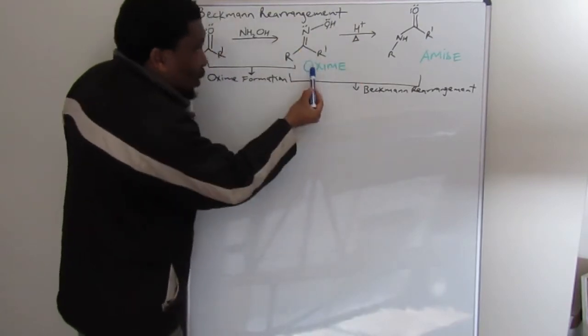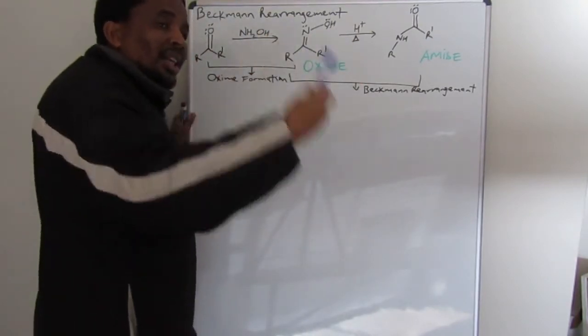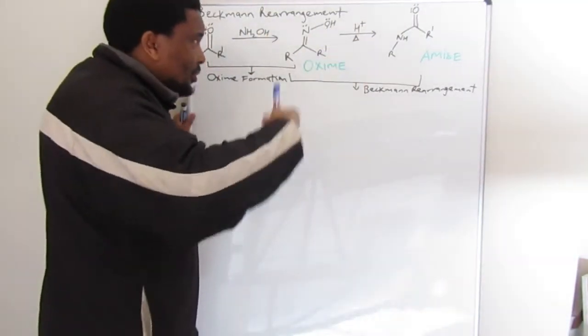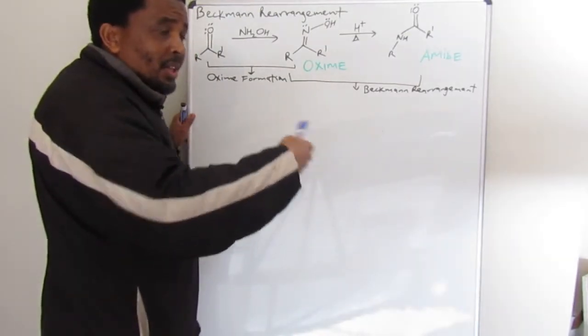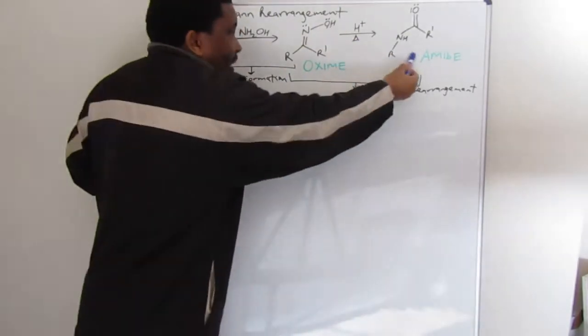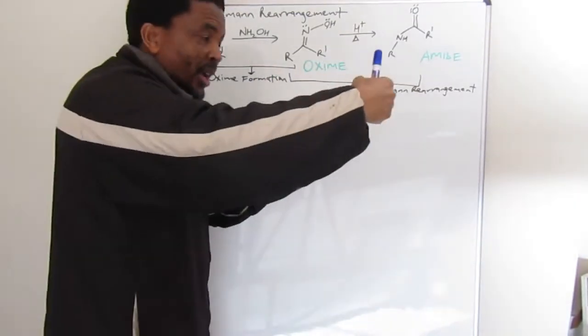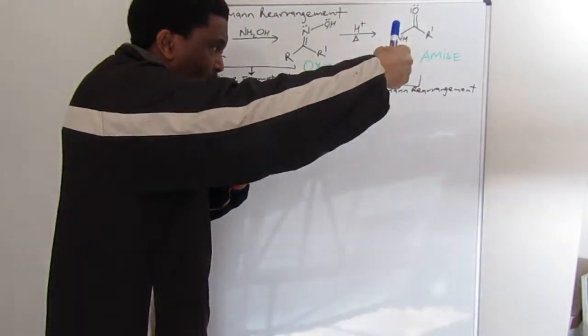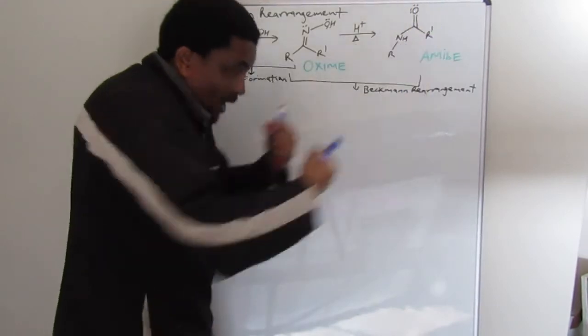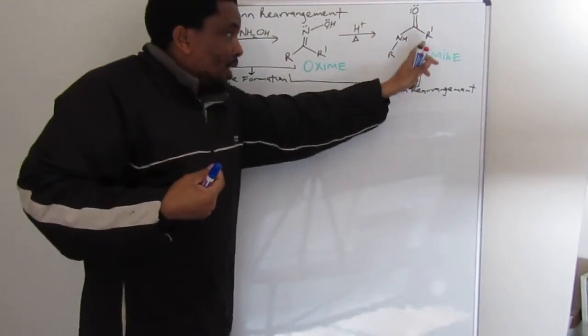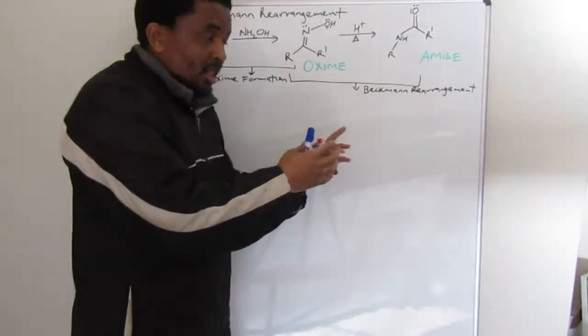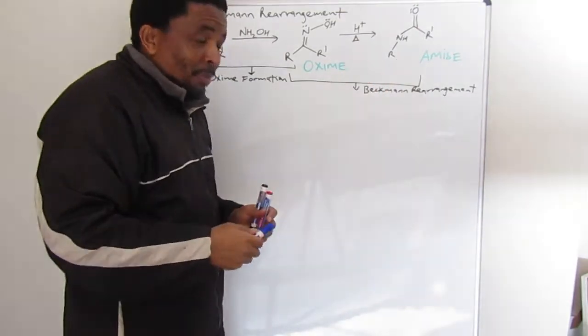Once you've prepared your oxime, you can treat it with H plus in the presence of heat to generate an amide. That is the actual Beckmann rearrangement. I'll show you how this happens when we look at the mechanism of that second part.